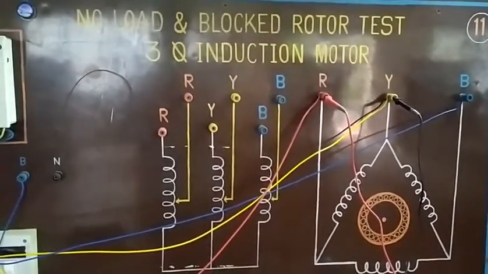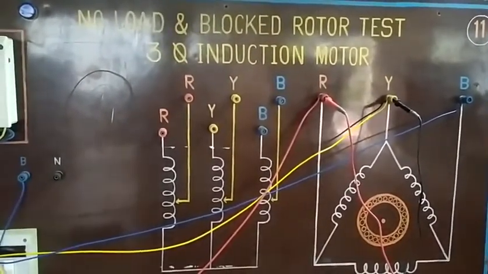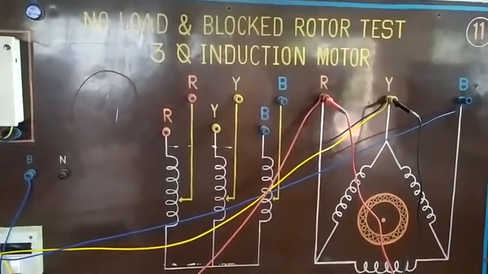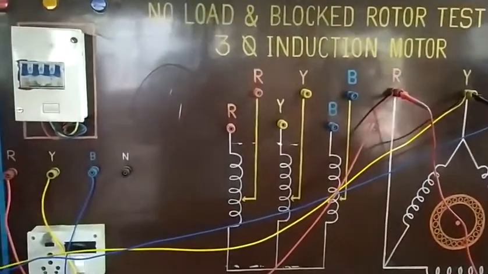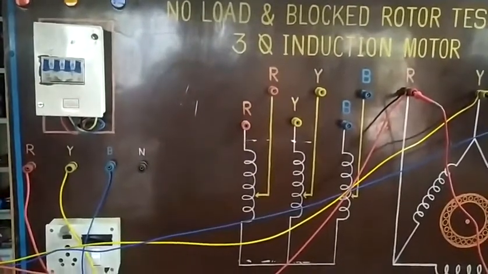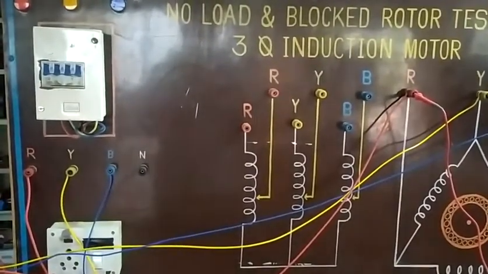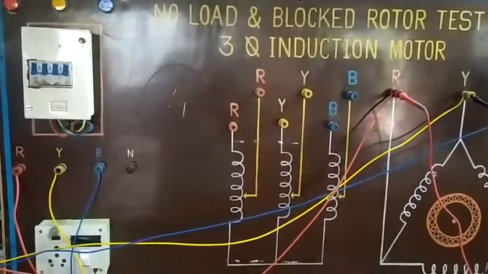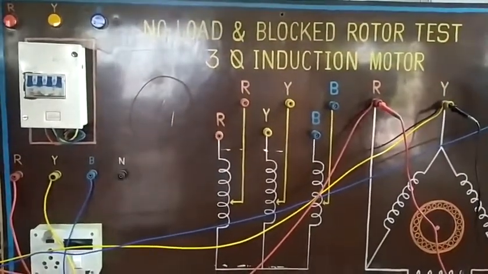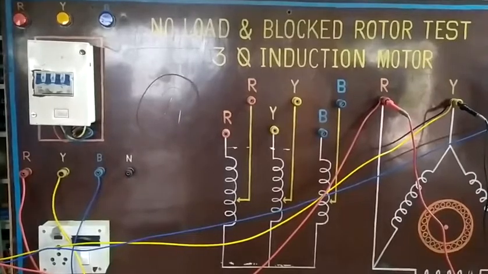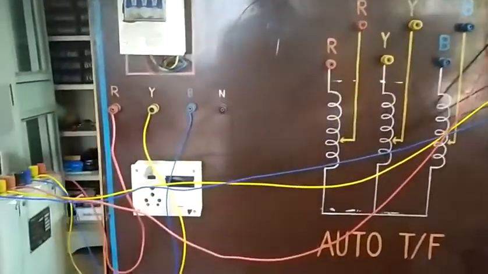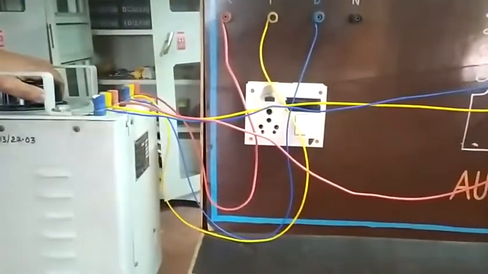Okay, so as we seen in the theory part, by using the auto transformer we can change the input voltage of the stator side of the induction motor. Now as we know that the synchronous speed, or the speed of any type of motor, depends on the incoming voltage. So I have the setup for this experiment. I am connecting the three-phase auto transformer here.